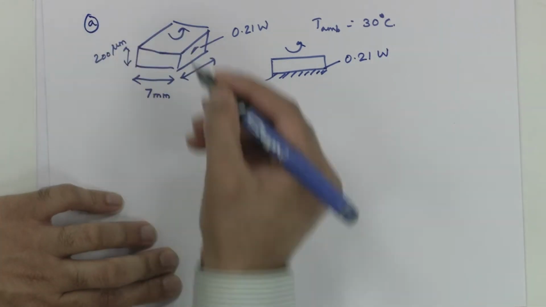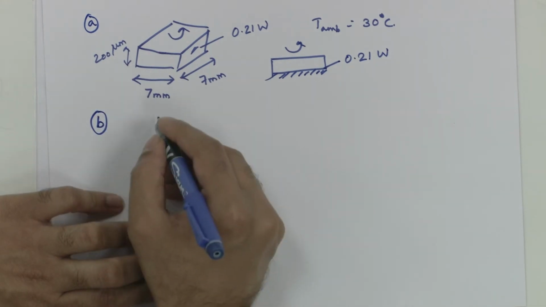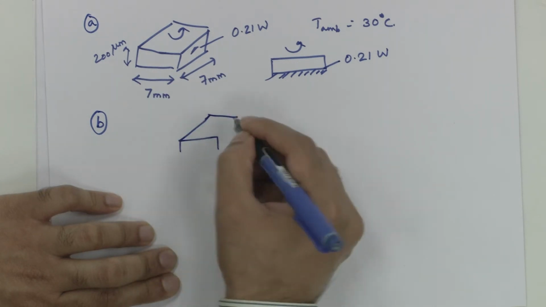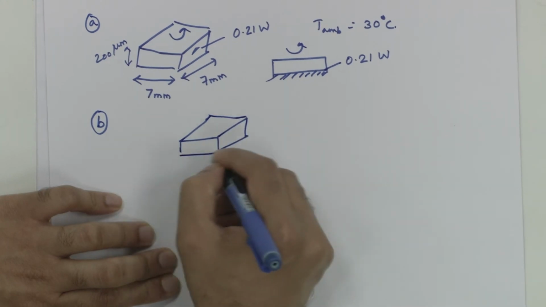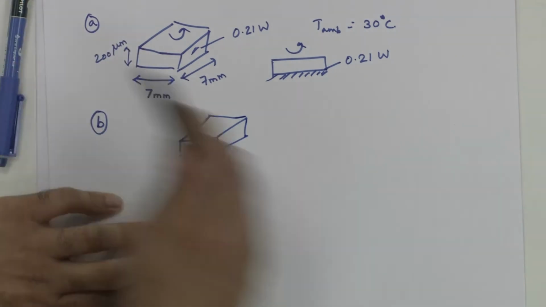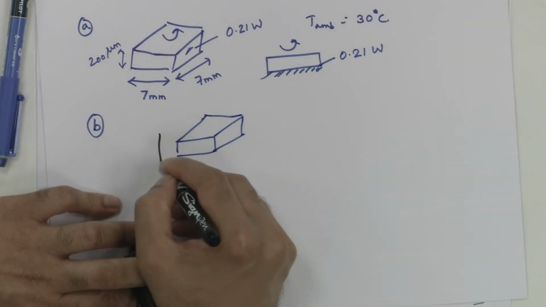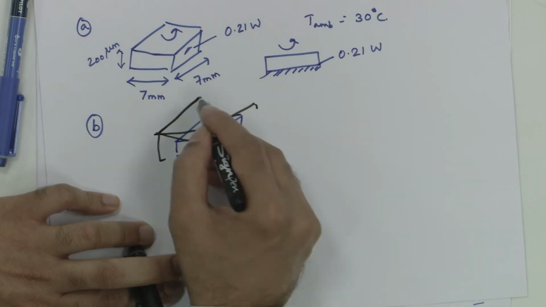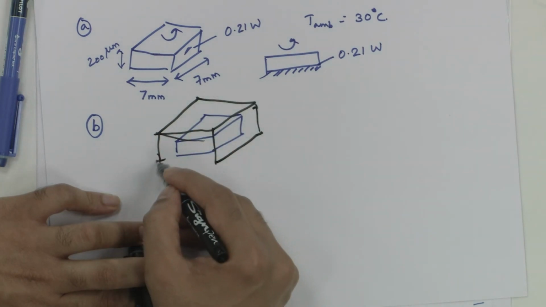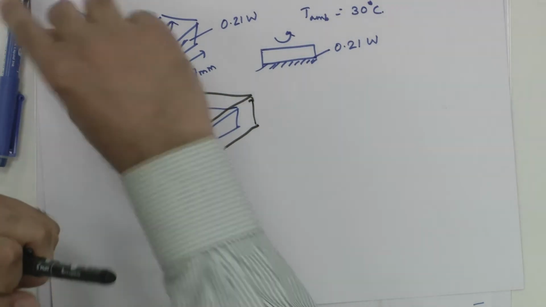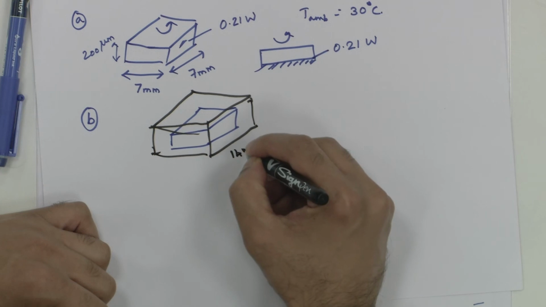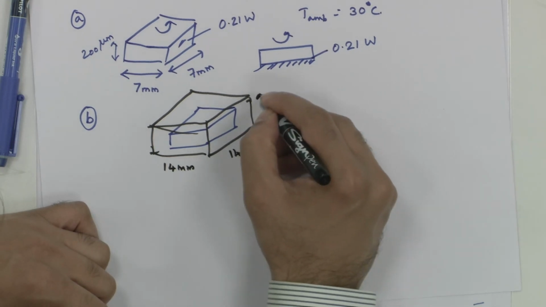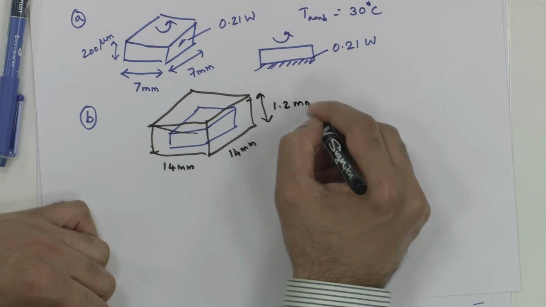This is situation A, and situation B is that now we provide a molding material around this heat source, and this molding material sits on top of this, and this molding material is 14 millimeters by 14 millimeters, and the overall height is now 1.2 millimeters.